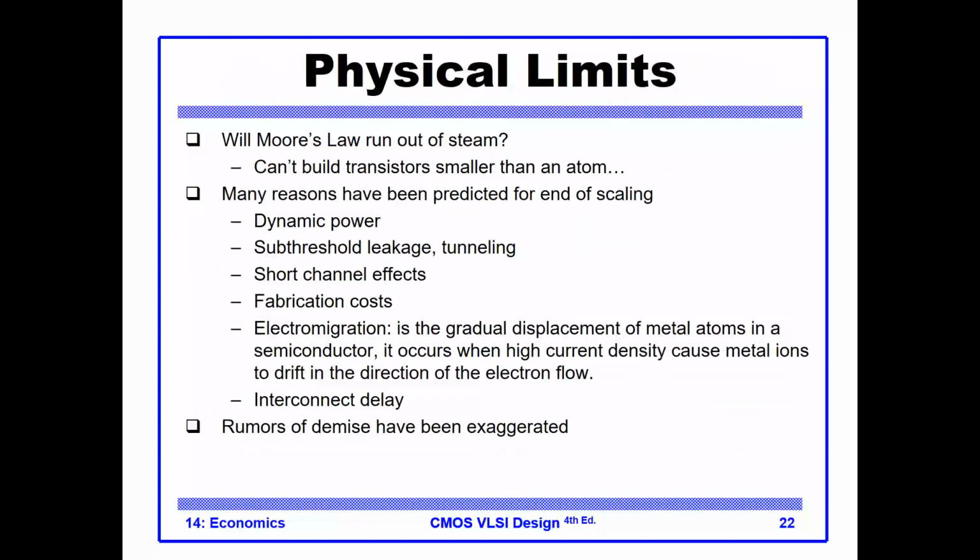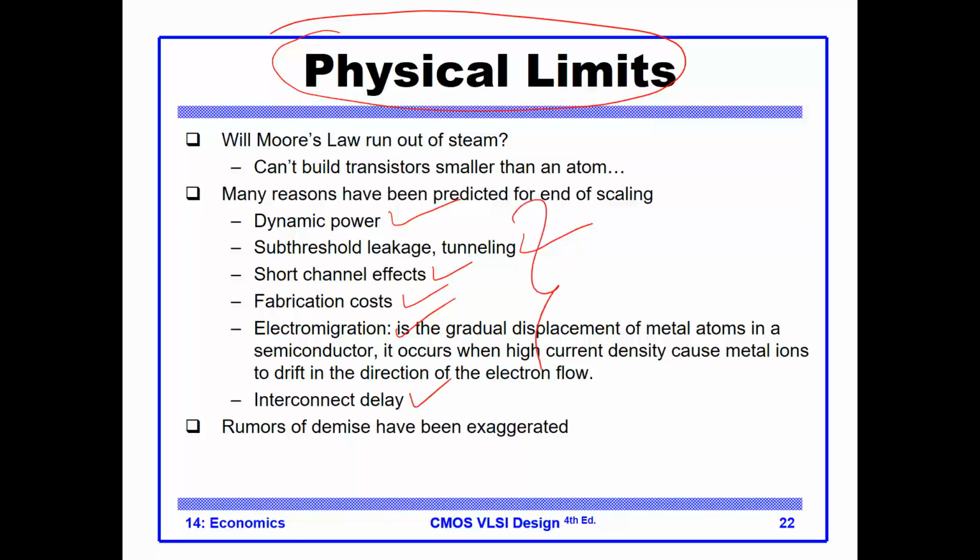Of course, people have mentioned for a long time that we have hit the physical limits, meaning we can no more shrink transistors. The process of shrinking transistors has slowed down. Dynamic power is high, leakage is high, short channel effects are hurting the design, fabrication cost is through the roof, electromigration, when you have the metal fuses because atoms are displaced and cause disconnects, and interconnect delay.